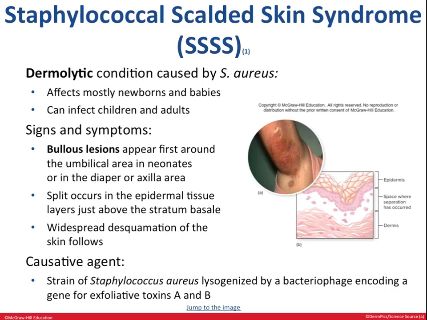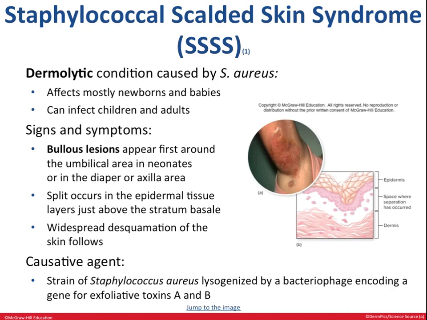Now let's talk about SSSS, staphylococcal scalded skin syndrome. This is an exfoliative disease, because Staphylococcus aureus generates toxins that cause skin lysis. It affects mostly newborns and babies, but it can also infect children and adults.